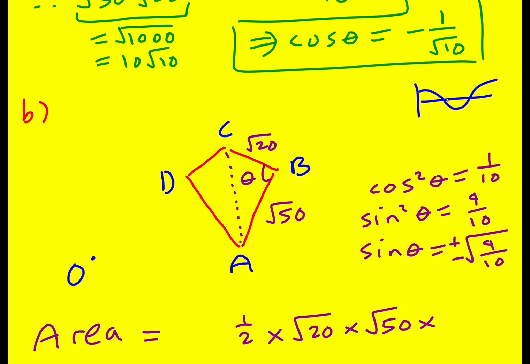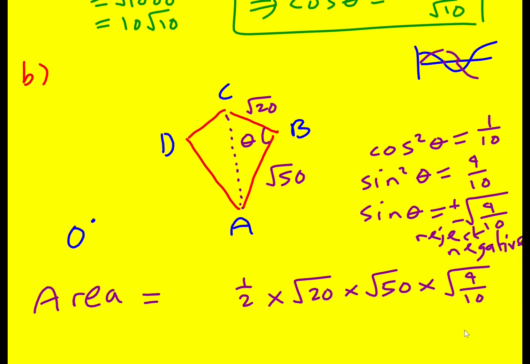We can see that the angle is obtuse. So if we look at sine, we can see that sine has to be positive. Okay, it's not gone beyond 180. So we will reject the negative. And we can simply put in that it's 9 over 10.